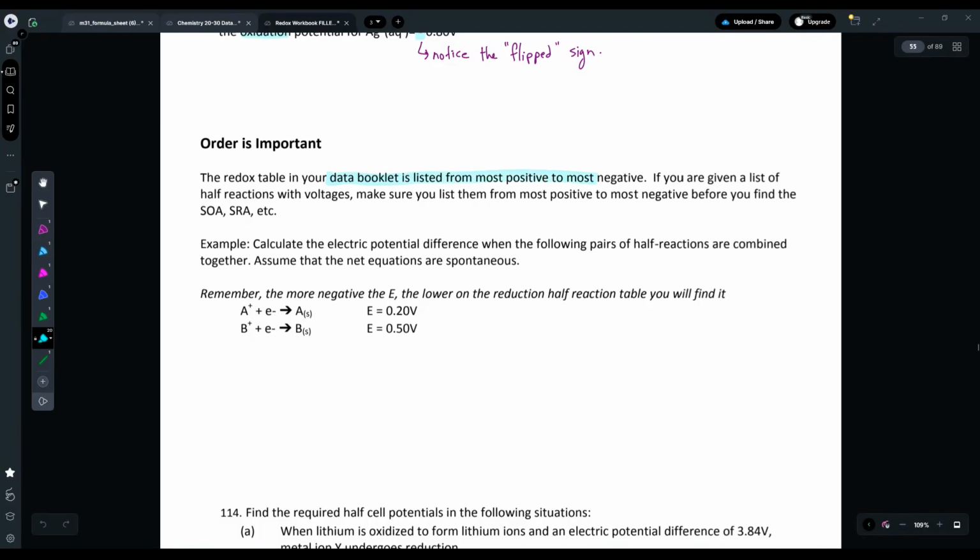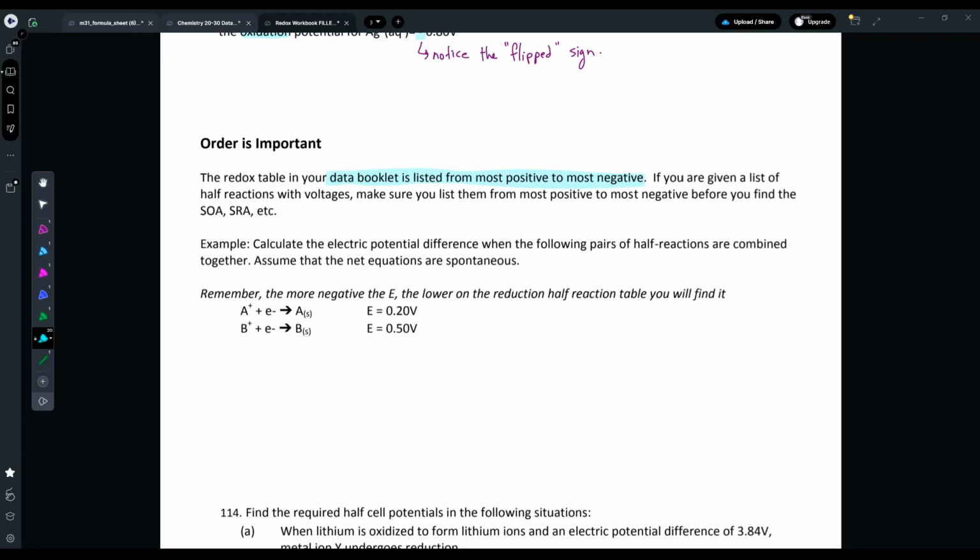That's important because, as the title says, order is important for these reactions. If you're given a list of half reactions with voltages, make sure that you list them from most positive to most negative before you find the SOA, SRA, and so on.